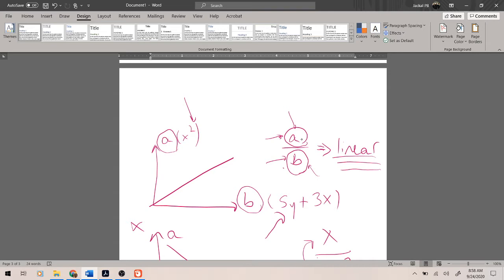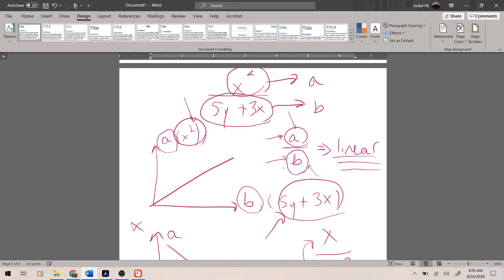It doesn't matter what they are, but if you are drawing x squared to 5y plus 3x, and the relationship between those two variables is like this, then I can say that this is my a and this is my b, and if I sketch the a to b graph, I must have a linear graph.